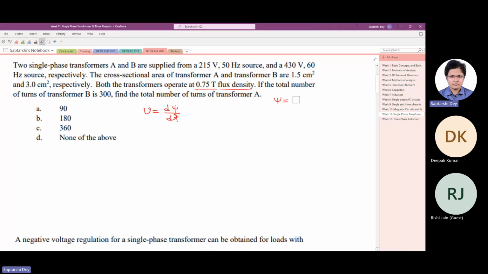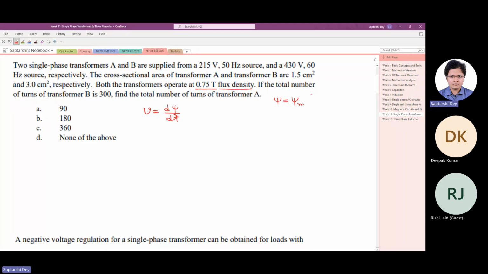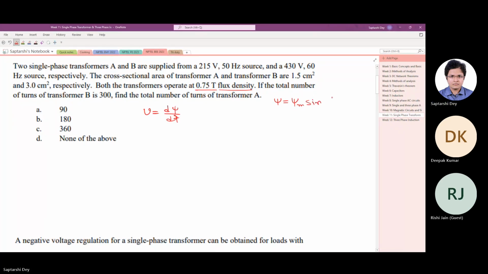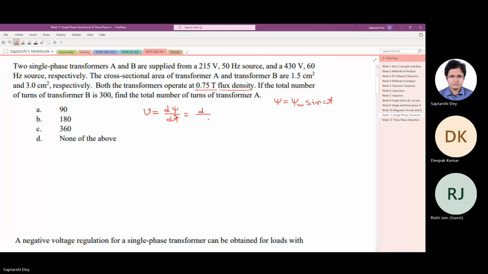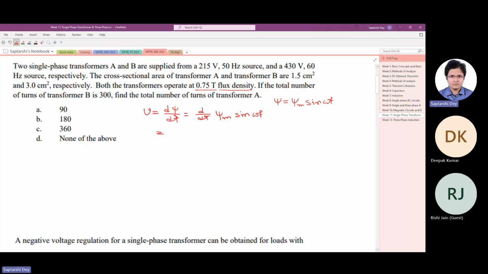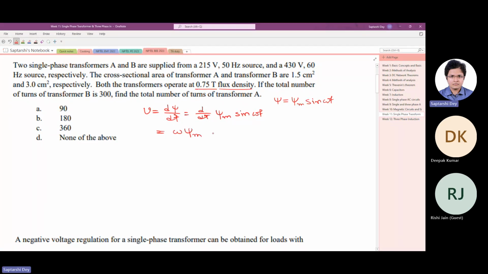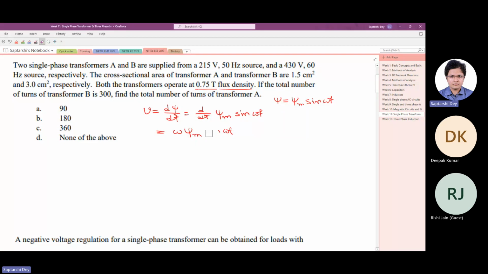Let us take the instantaneous value of flux linkage psi to be psi max sine omega t. Differentiating, we get omega psi max cos omega t.